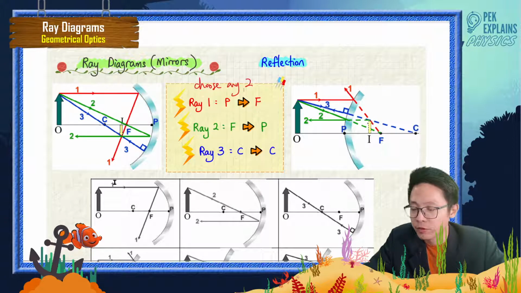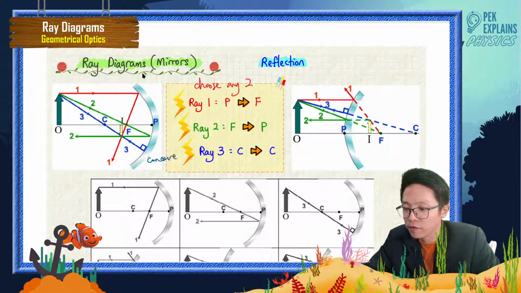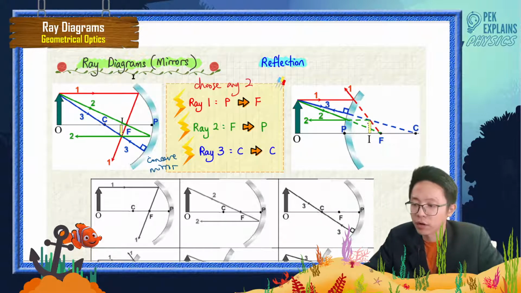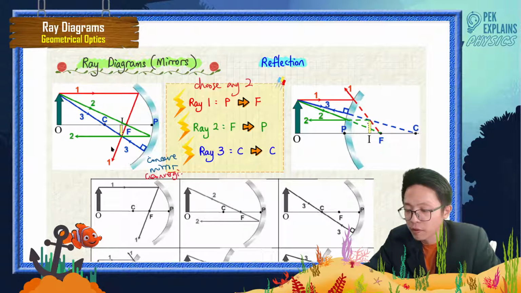If you look at this mirror, this is a concave mirror. A concave mirror focuses light, so it is also called a converging mirror.